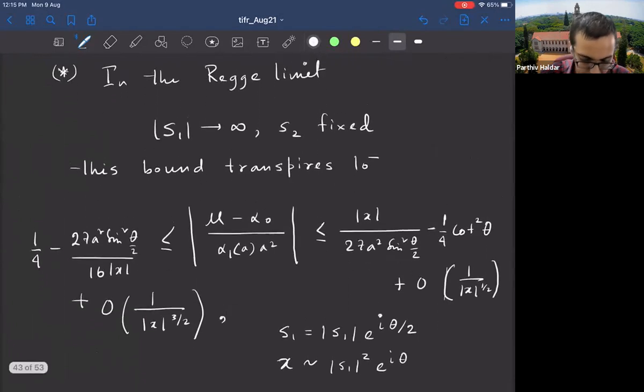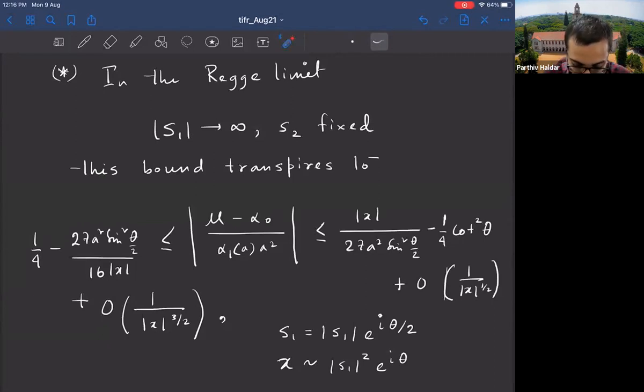In that limit the upper bound will look like a mod x, and in the Regge limit x goes like s1 square. So you have the so-called familiar s square bound that we expect.